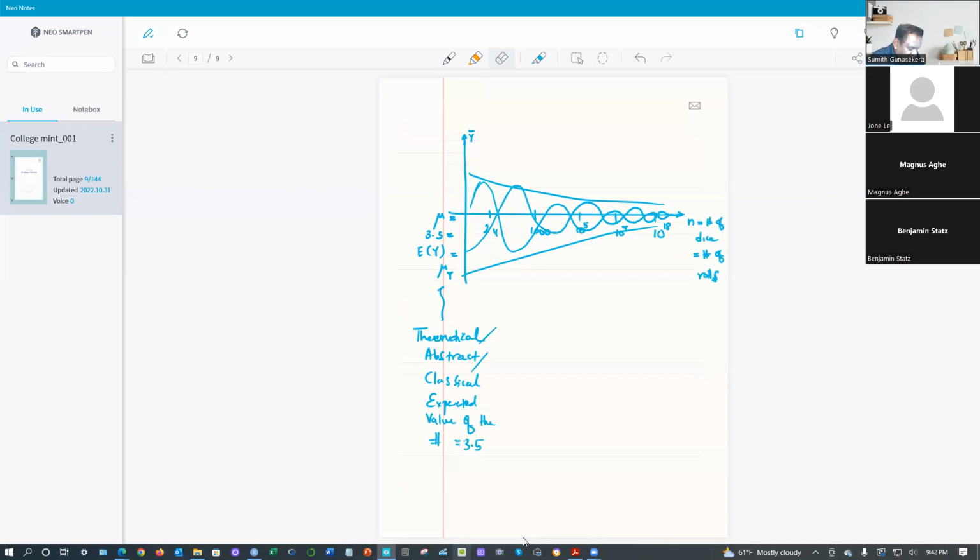You are going to get 3.5 on expectation, the expected average value. But you have here a sample average.